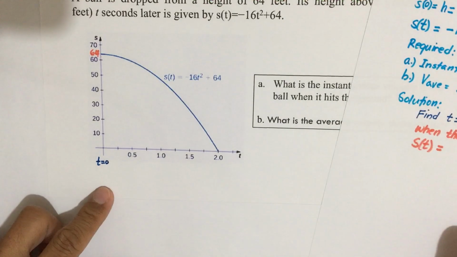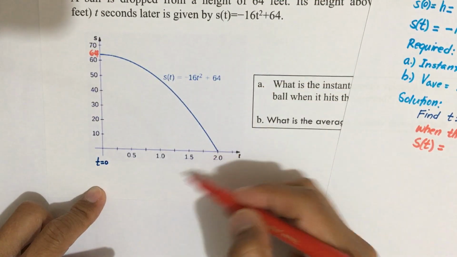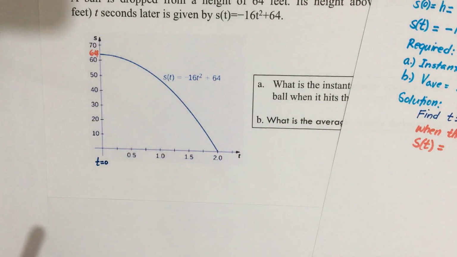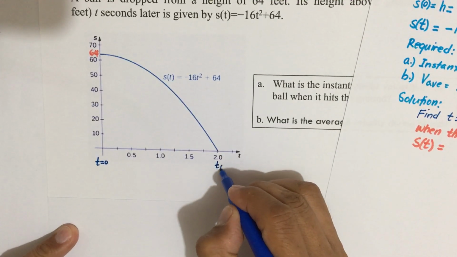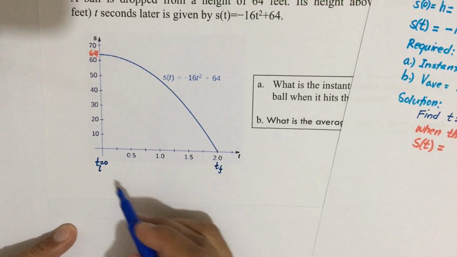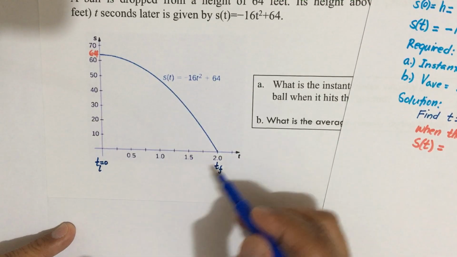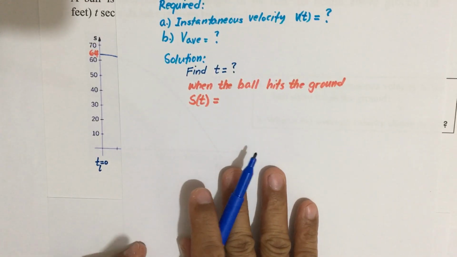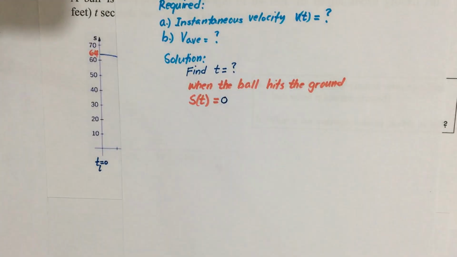So if you look at the graph, when the ball reaches the ground, okay, so this is at t equal to, assuming that this is the time that the ball reaches the ground, we can say that this is the t final. So t initial, initial time, meaning at t equal to 0, that is ti, and the final time, so the time when the ball hits the ground. So our s sub t will be equal to 0, right?